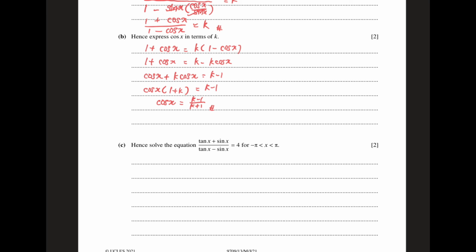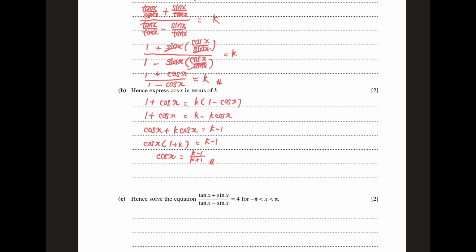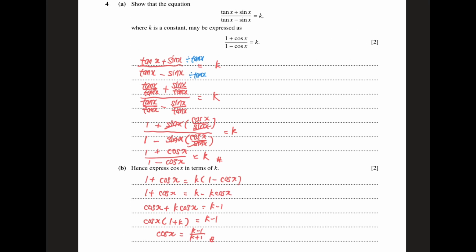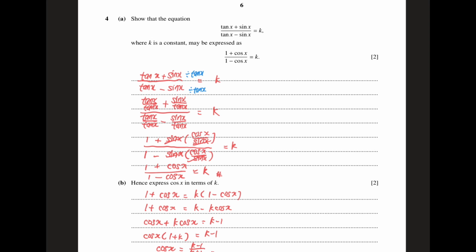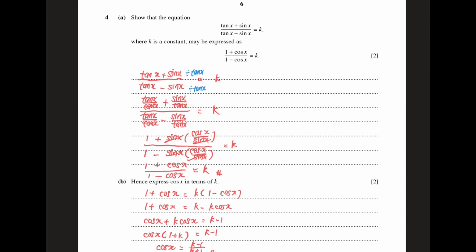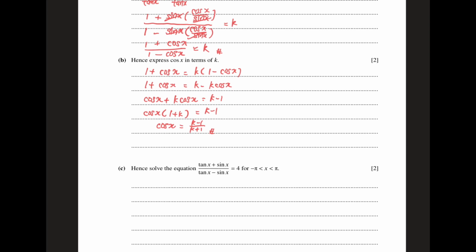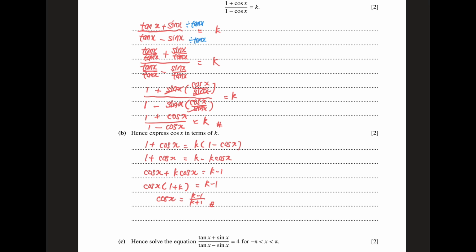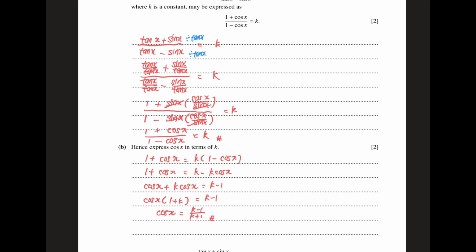Now C. Hence solve the equation. Okay, so they give (tangent x plus sine x) over (tangent x minus sine x), which we already simplified a lot. We already simplified it to this form in part A. We simplified it to (1 plus cos x) over (1 minus cos x).